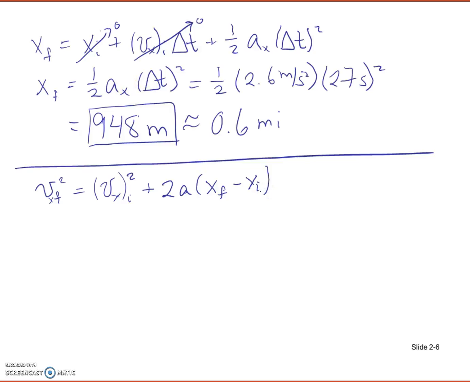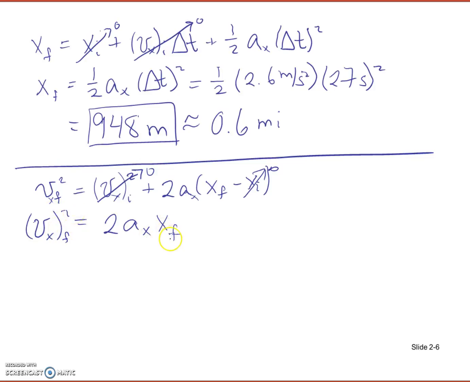Now, this is a very powerful one. Notice there's no time in this equation at all. So I know that only things that were given to me in the problem I'm going to end up using. This term, the initial velocity, is 0. My initial x position is 0, and this simplifies to 2a_x x final is equal to v_x final squared.